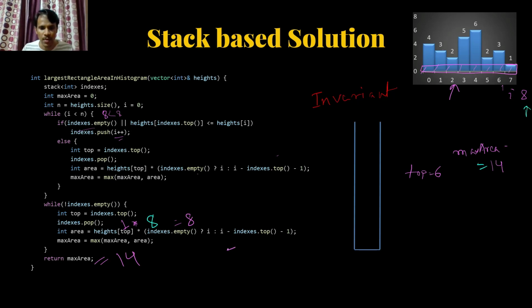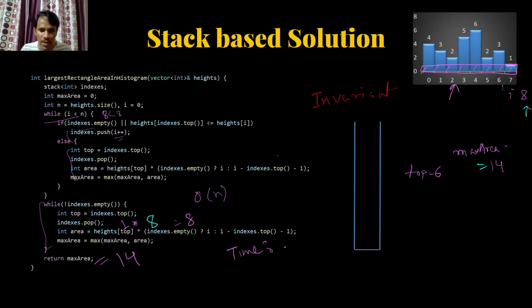So what is the time complexity? Basically, it's just a single loop from I is 1 to n. All these are constant time operations. And here also we are popping the stack till the stack is empty, and the stack can have at most order of n elements.